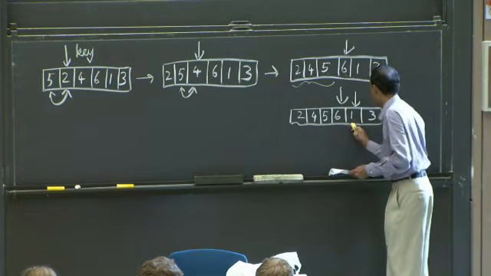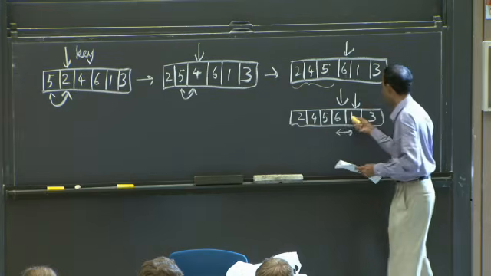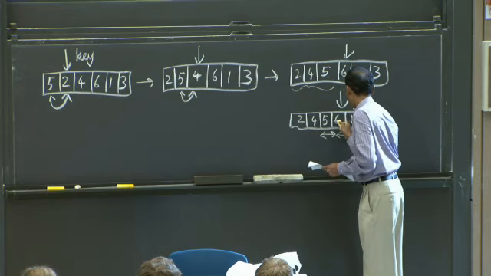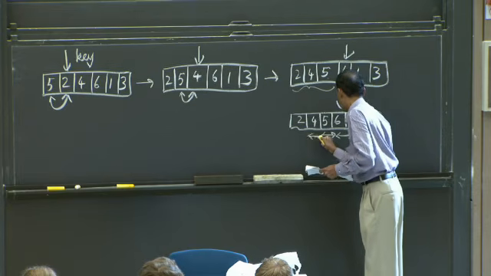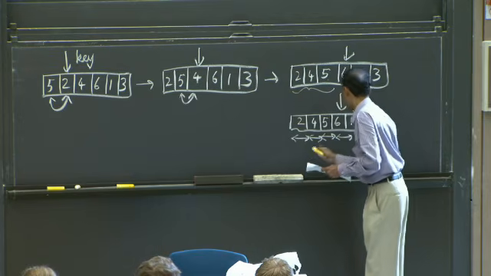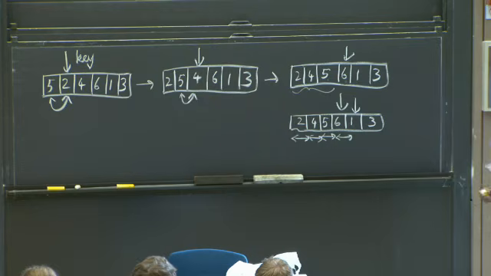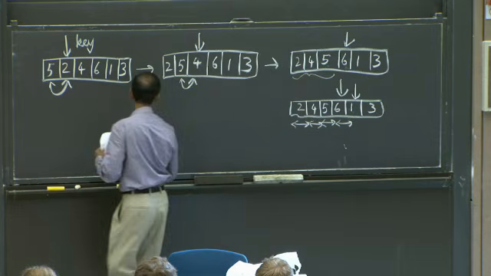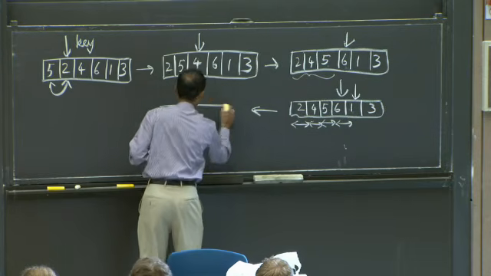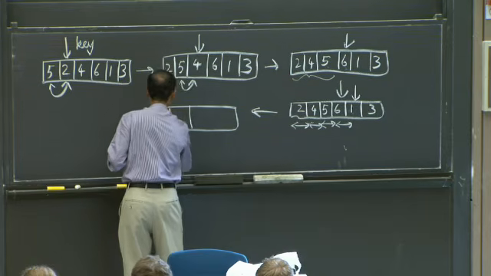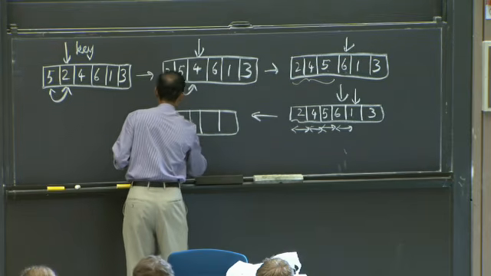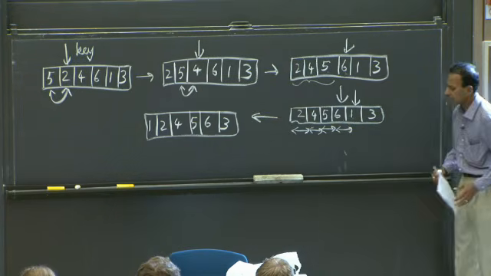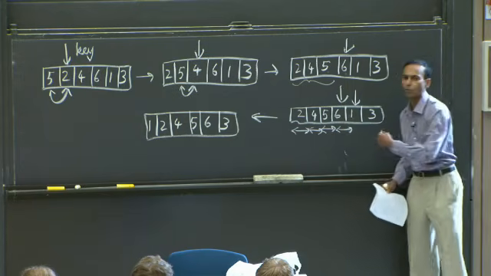So you're going to have to swap 1 and 6, and then swap 1 with the next position, and so on, essentially doing 4 swaps to get to 1, 2, 4, 5, 6, 3. So this is the result. The important thing to understand here is that you've done 4 swaps to get 1 to the correct position.